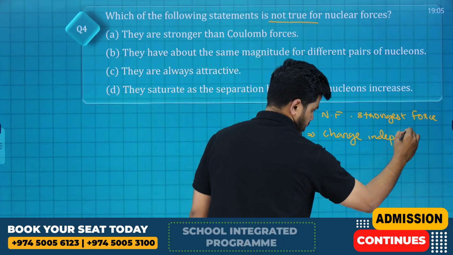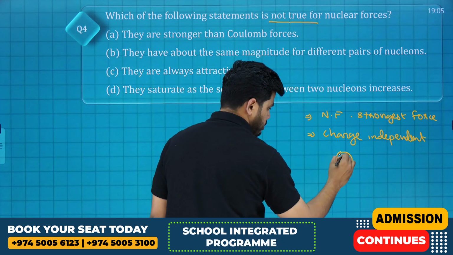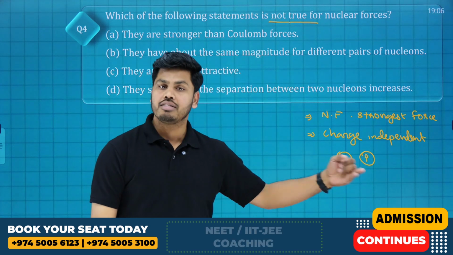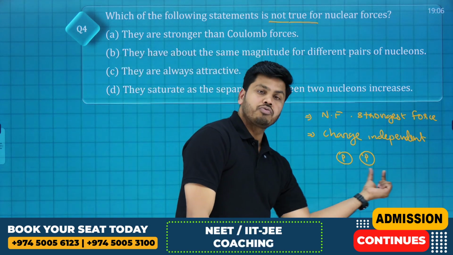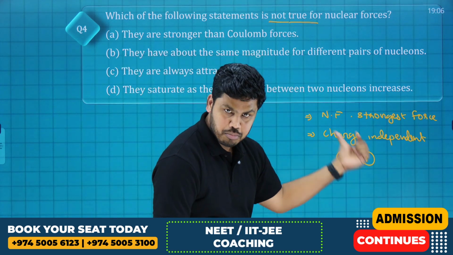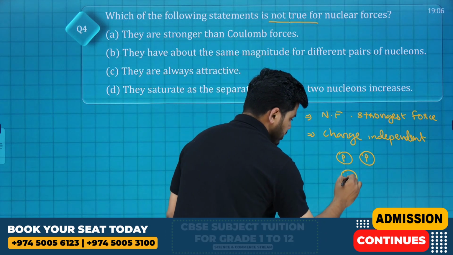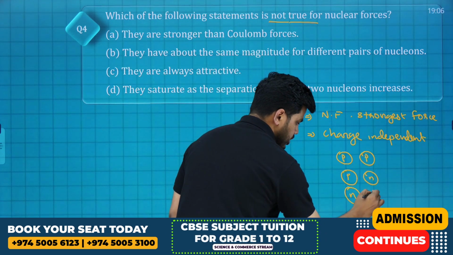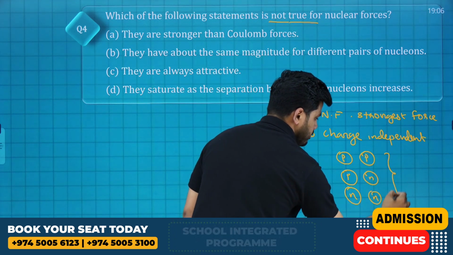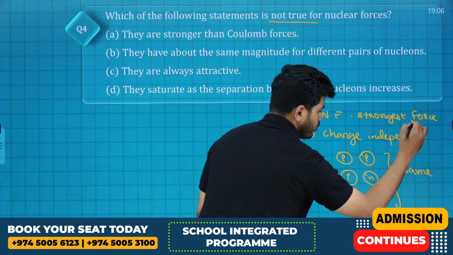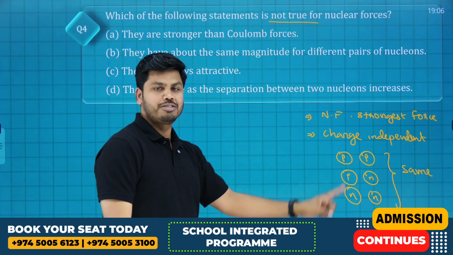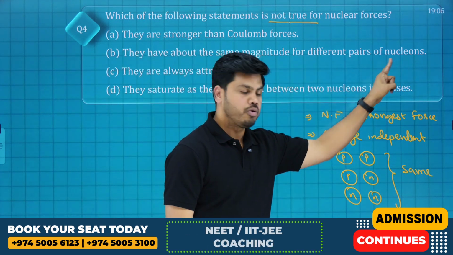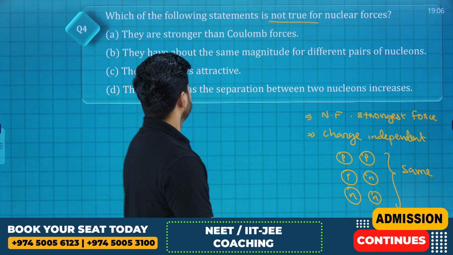Inside the nucleus we have both protons and neutrons, so the nuclear force may be operating between protons and protons, between protons and neutrons, or even between neutrons and neutrons. The magnitude of the force remains the same for all these pairs. It is charge independent. So it is a true statement. Good.